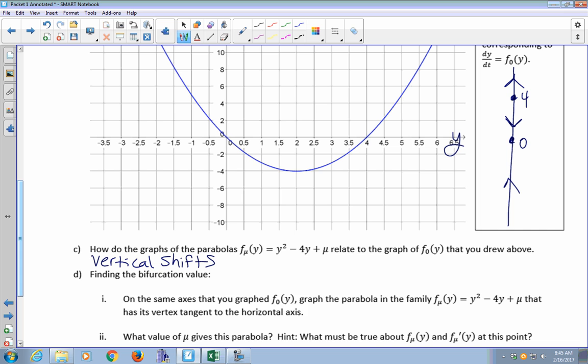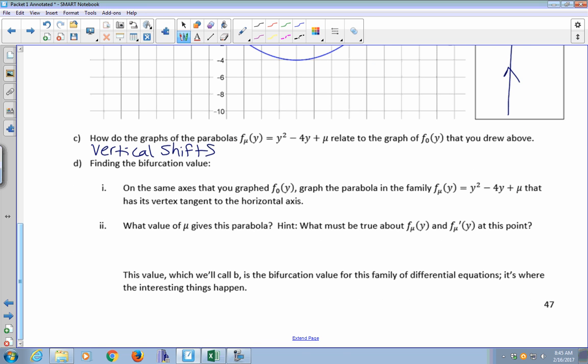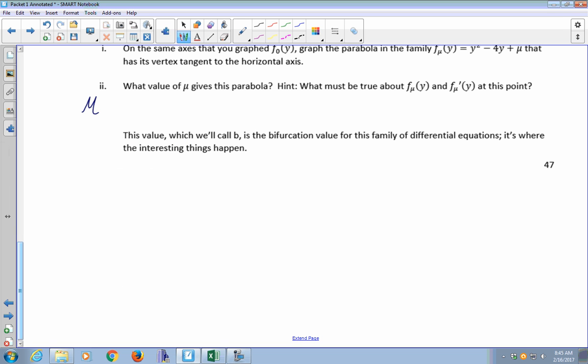In this case, we can visually figure out what mu is pretty easily, but sometimes when the equations are more complicated, we have to do some analysis with algebra. Here I can just rattle off that mu is 4, the special point where the quality of the solutions changes. But if that wasn't obvious, you would ask what has to be true about the function f, the parabola, and its derivative.